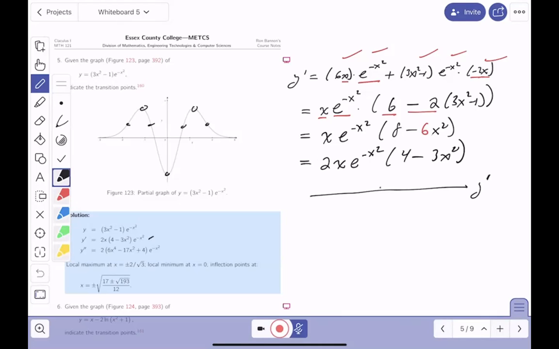So I'm going to put my little line down, my derivative, and at 0, certainly there. And the other place where it's going to be 0 is at, let's see what that'd be. That would be 2 over root 3 and minus 2 over root 3. All right, let's take some test points here. The number after 2 over root 3 would be like, I don't know, 10. Plug it in, it would be negative.